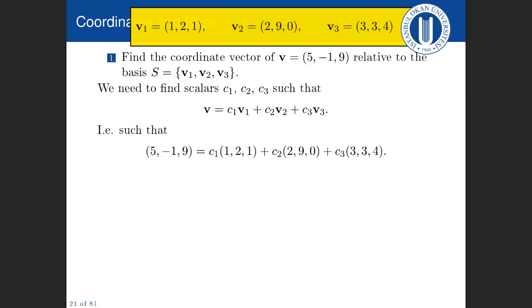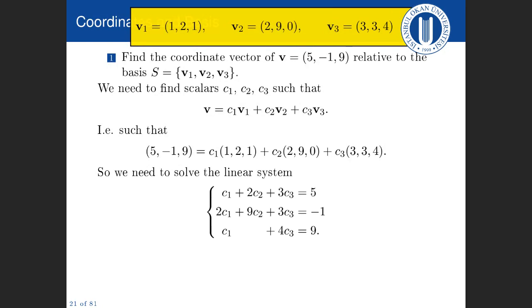In other words, if we put the numbers in, we want to find C1, C2, and C3 in the equation: 5, -1, 9 is C1 times 1, 2, 1, plus C2 times 2, 9, 0, plus C3 times 3, 3, 4. So that means we need to solve a linear system.